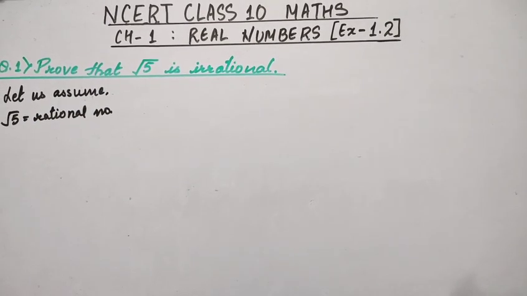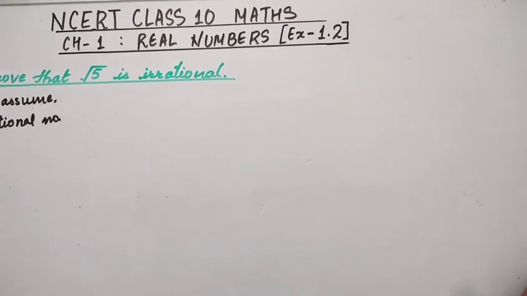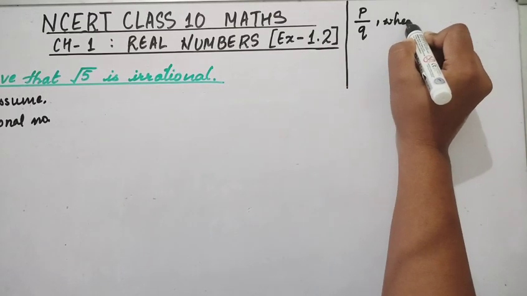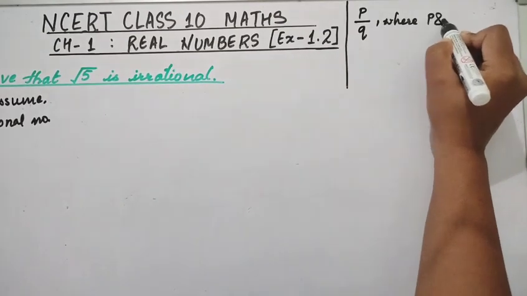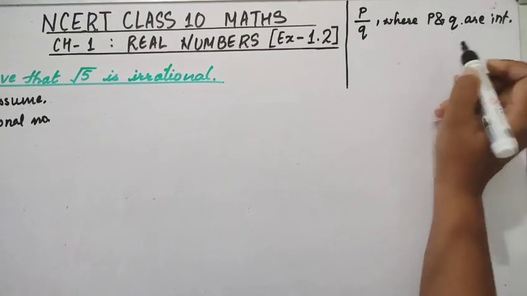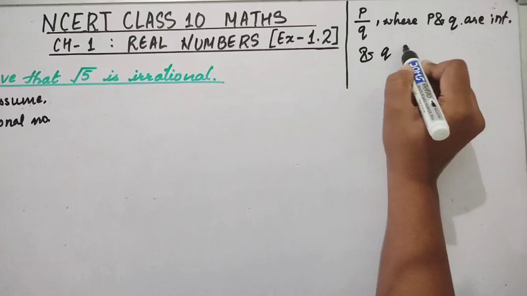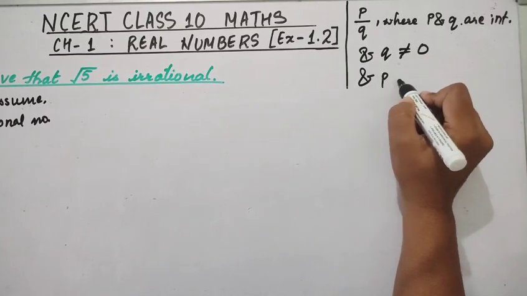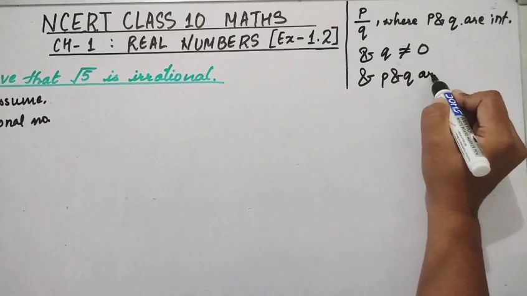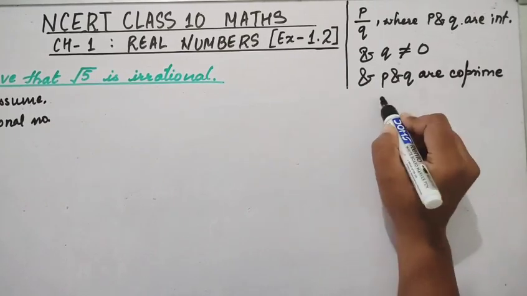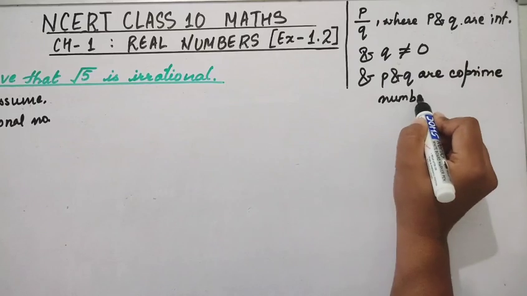Rationals can be written in the form p by q, where p and q are integers and q is not equal to 0, and p and q are co-prime numbers.